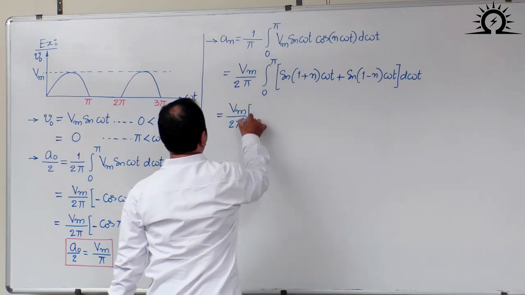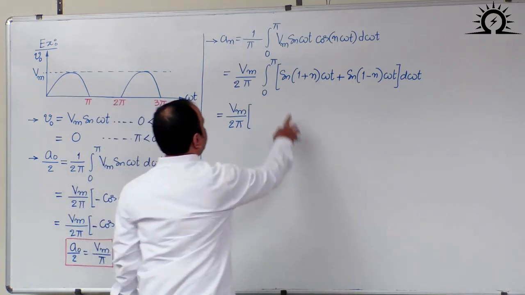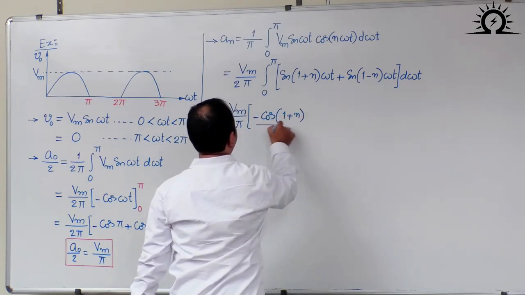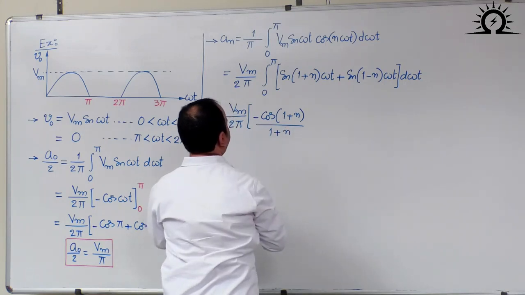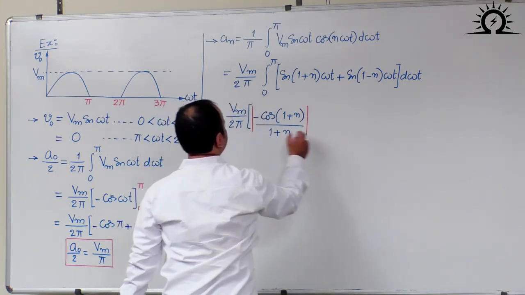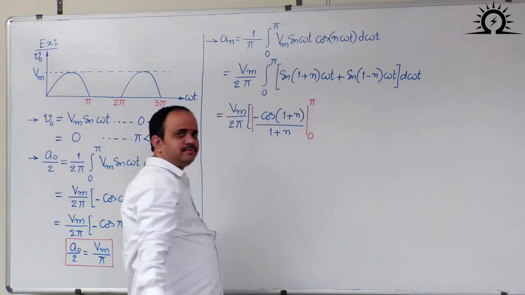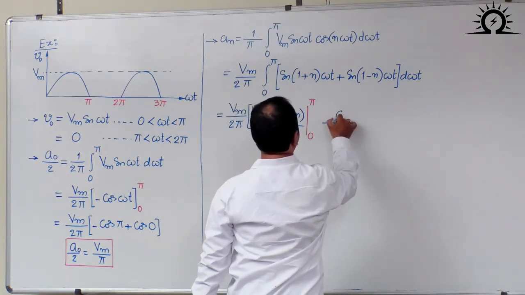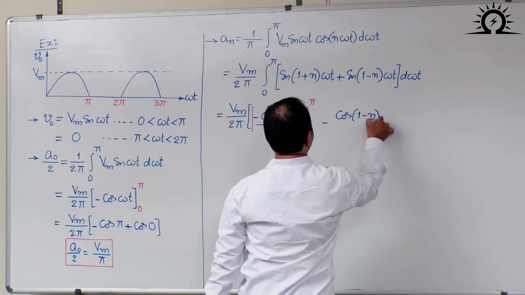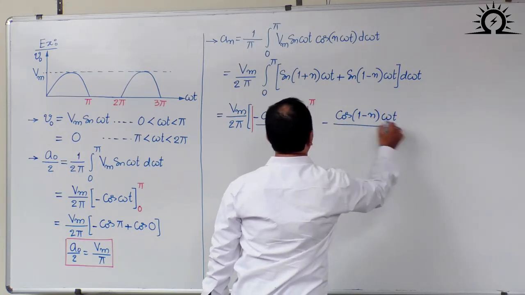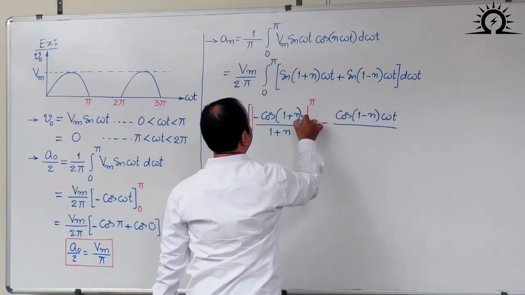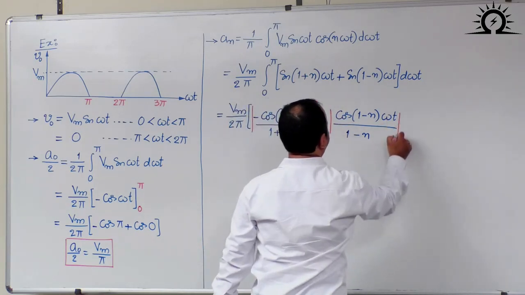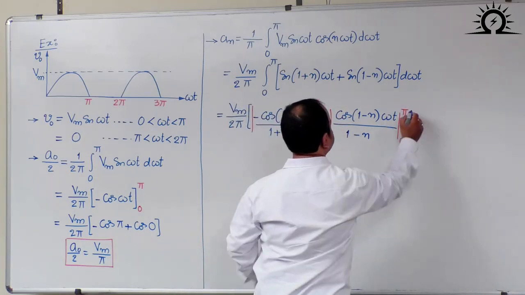Vm by 2 pi integration for sine minus cos of 1 plus n divided by 1 plus n limits from 0 to pi. And second term is minus cos of 1 minus n into omega t. Need to put here omega t. Denominator 1 minus n limits 0 to pi.